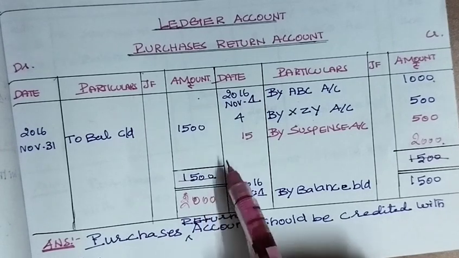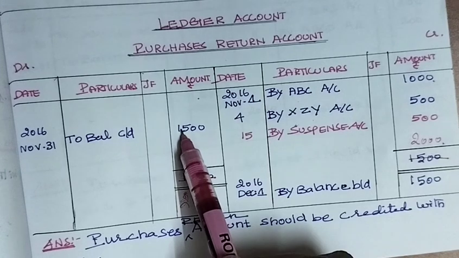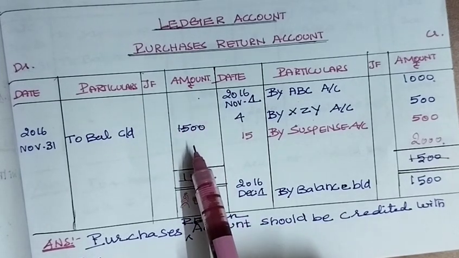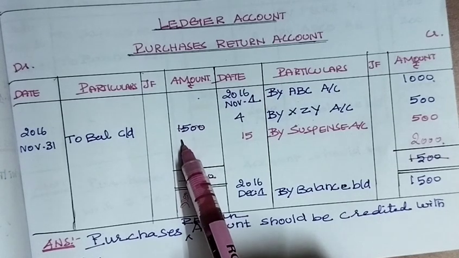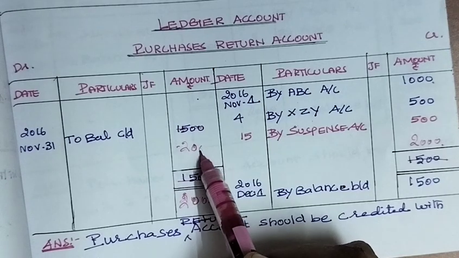Then here also the closing balance will be changed, because the question is 500 rupees undercast. So we rectify that error. You have to add that 500. So how much is the closing balance? 2000 rupees.